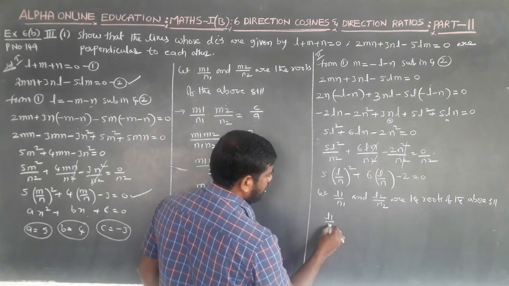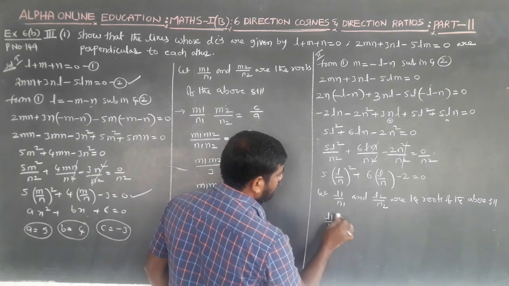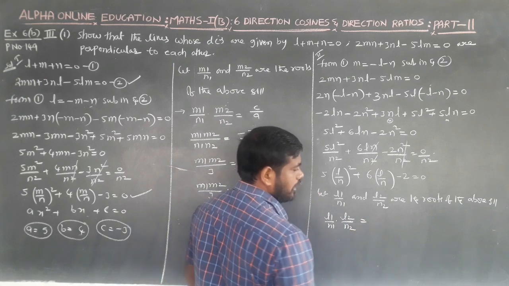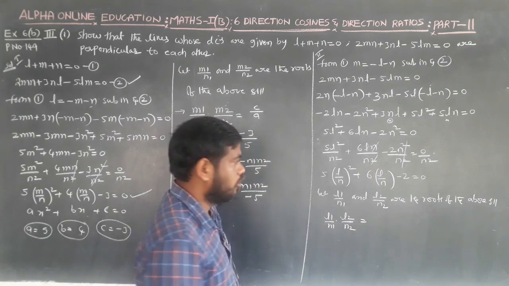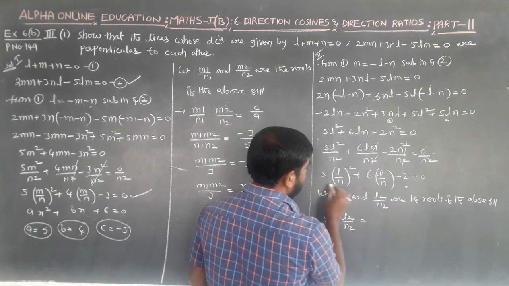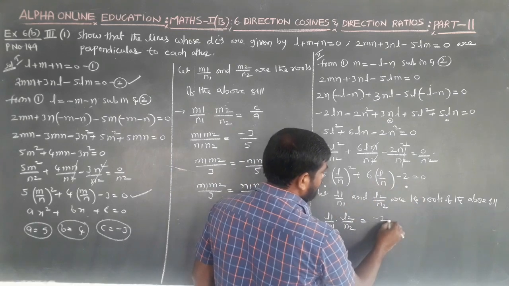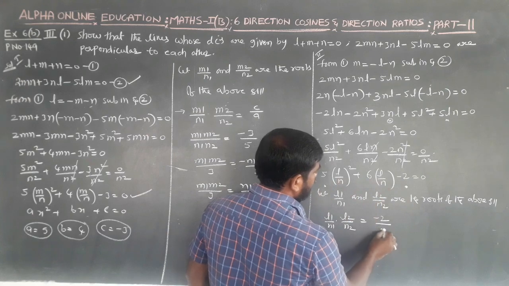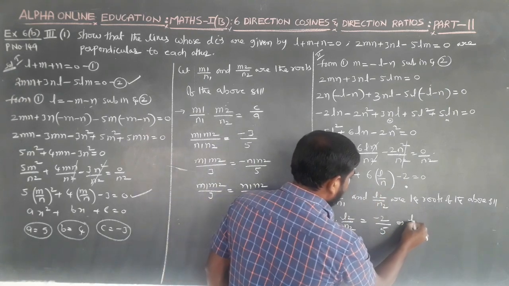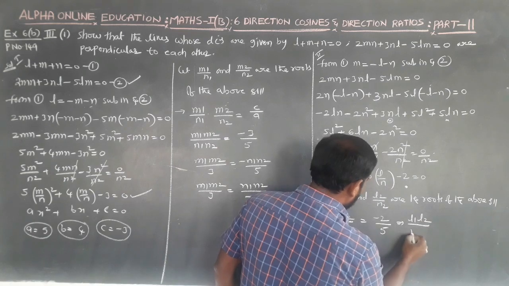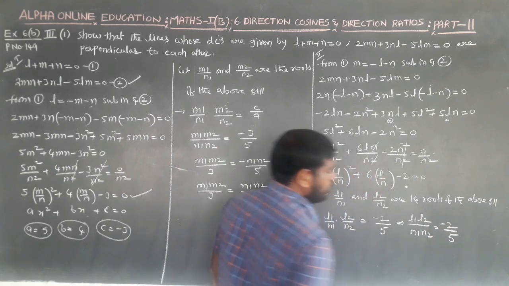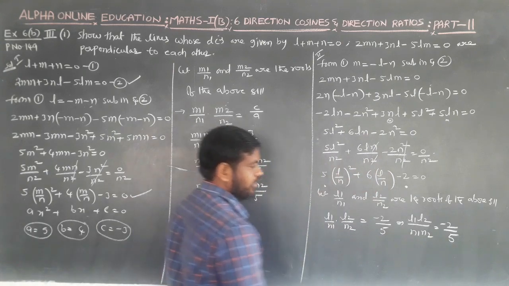Find the product of the roots. l1 by n1 into l2 by n2 is equal to the product of the roots, which is c by a. c means minus 2, a means 5. So l1 l2 by n1 n2 is equal to minus 2 by 5.